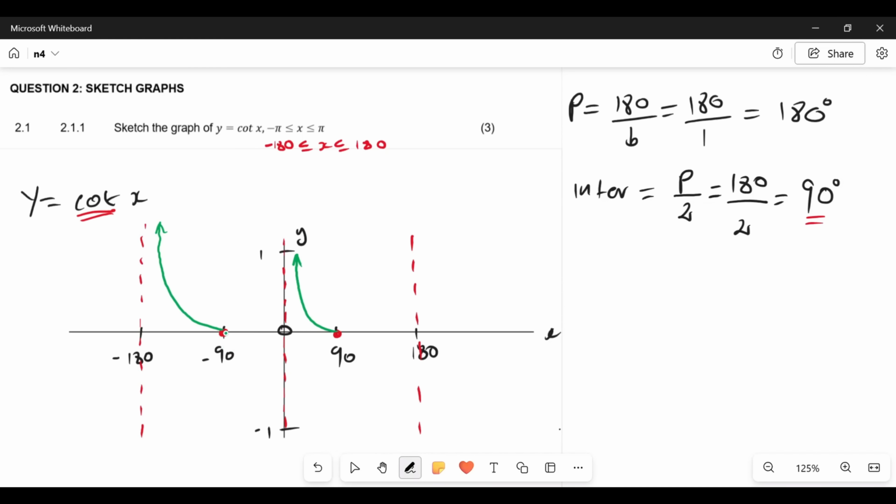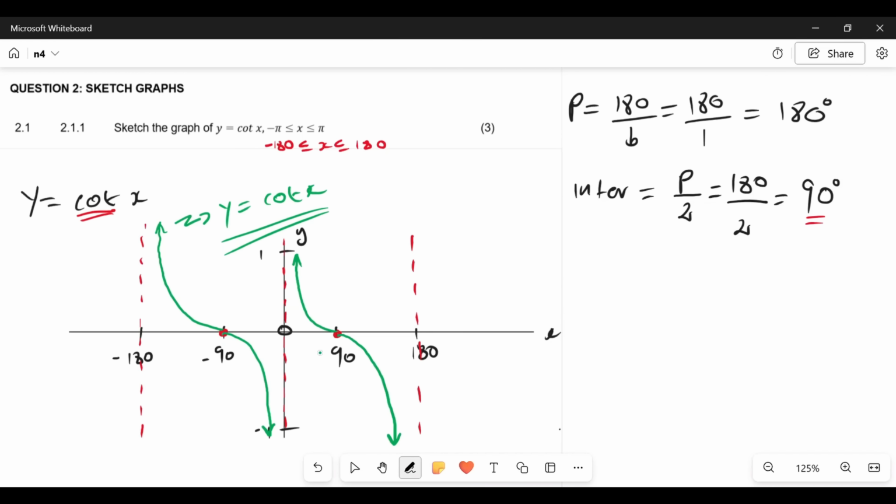On the negative side of y, we are moving towards 0 underneath, and we also asymptote at that point. On the positive side of x, we are moving away from 0 as we draw our graph underneath, and then it asymptotes there. So this one here is our cot graph. You can name this graph y equals cot x, and that's it.